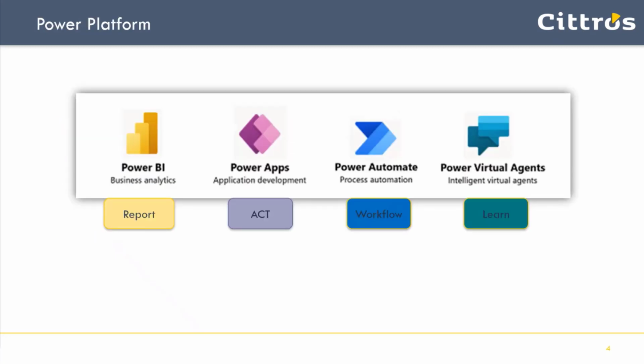There are four major components of this Power Platform, and all of them are individual applications where we can build custom business applications across various devices with low code or no code. Those are meant to be used and managed by the business users. The first one, you all know, Power BI, reporting and analytical tool. Second one, Power Apps.